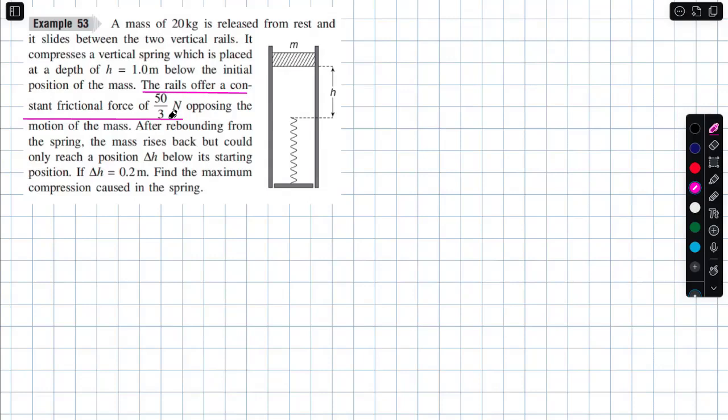For this problem, my basic stepping mechanism is you need to understand that there is loss in mechanical energy. Undoubtedly, there is a loss in mechanical energy due to friction. This is the first observation one must have.